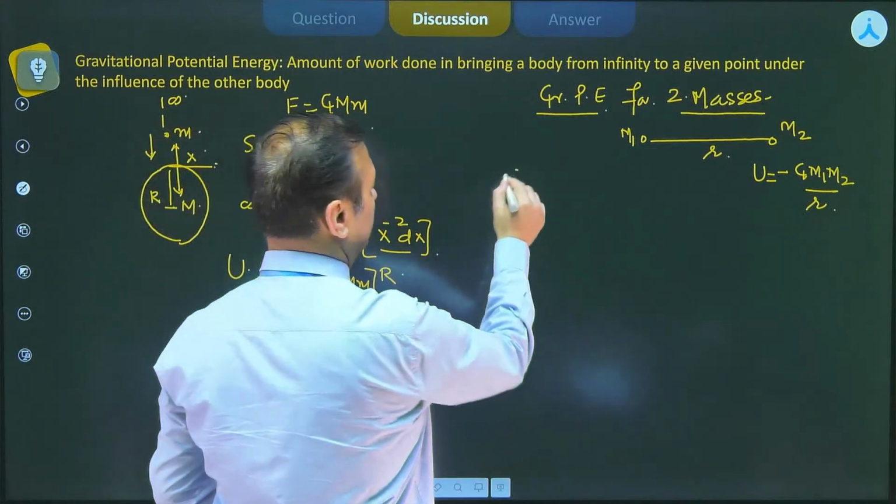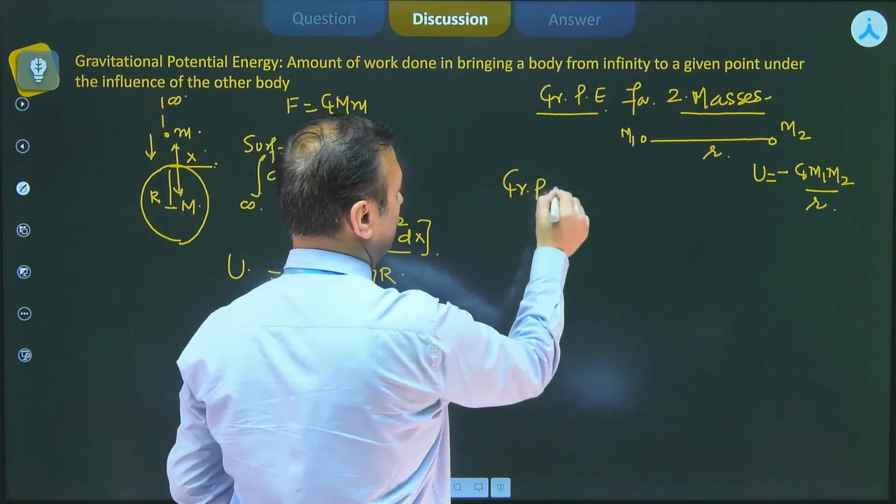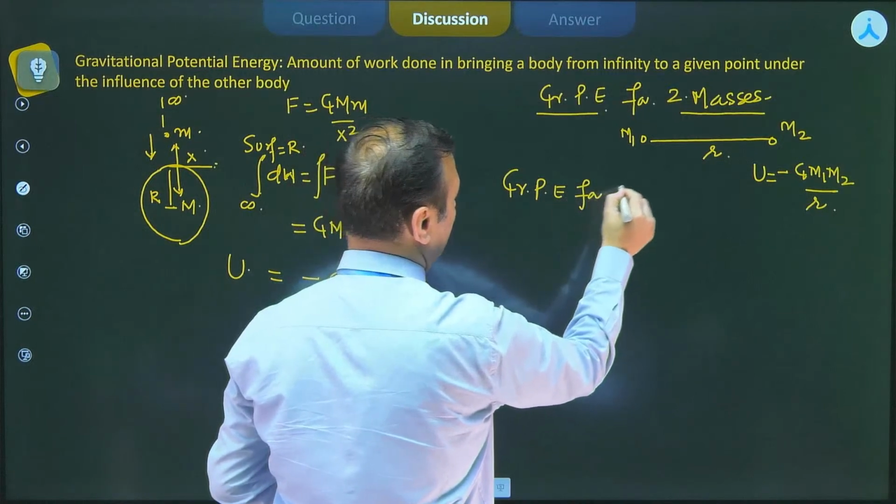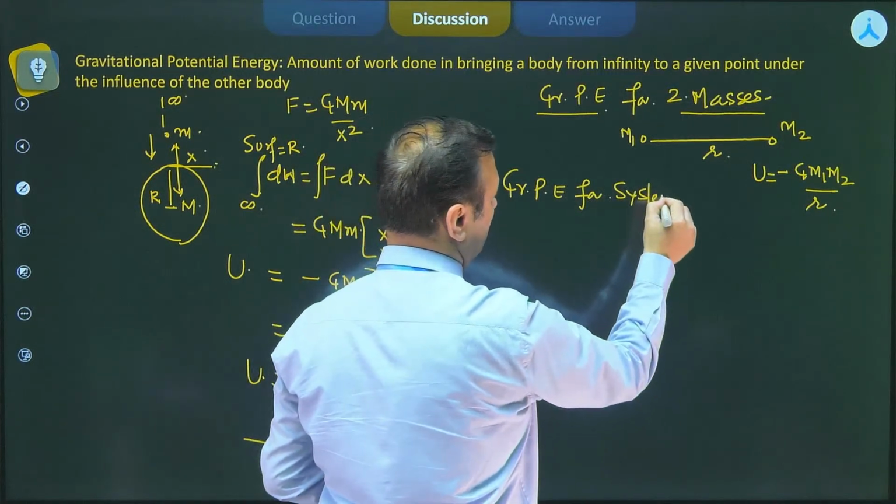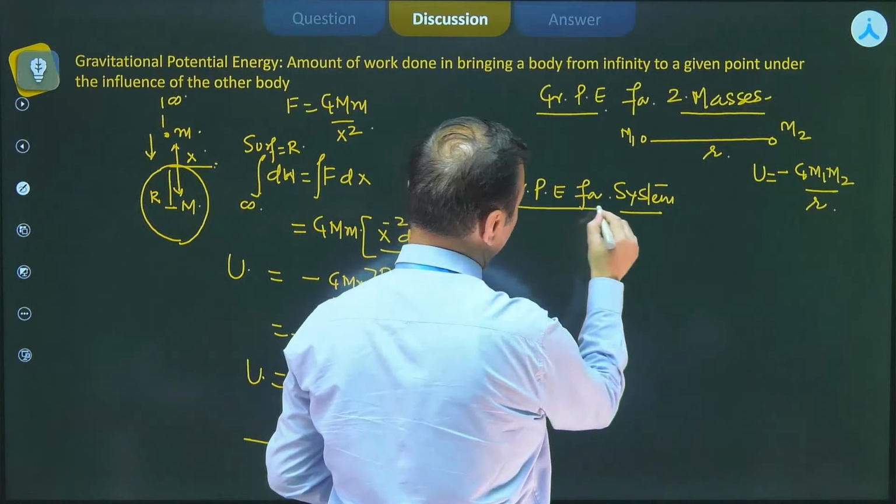And now let's define the gravitational potential energy for a system.